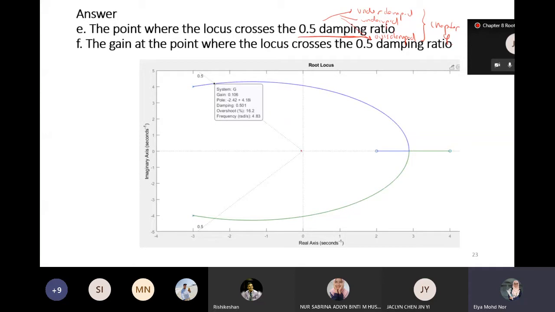MATLAB, using the code earlier, can plot the 0.5 line. So we see here the line that crosses 0.5. But what is this line, and what is the K here? This is where we get the line at minus 2.42 plus 4.18i, and at this part the gain is 0.106.